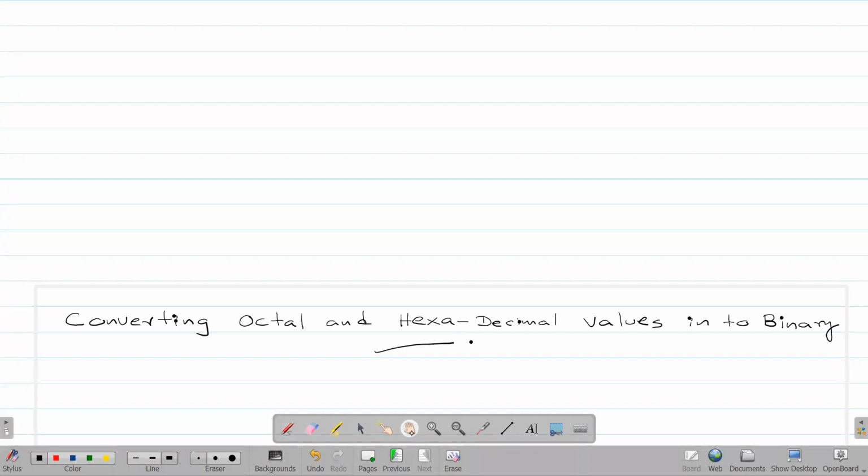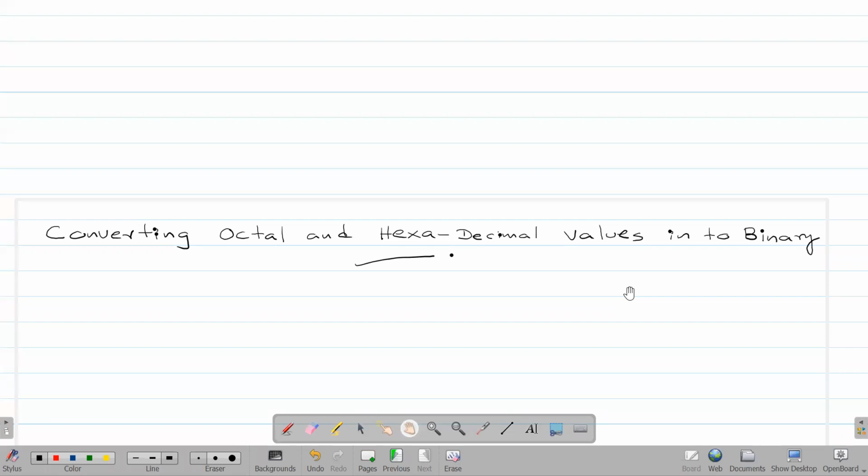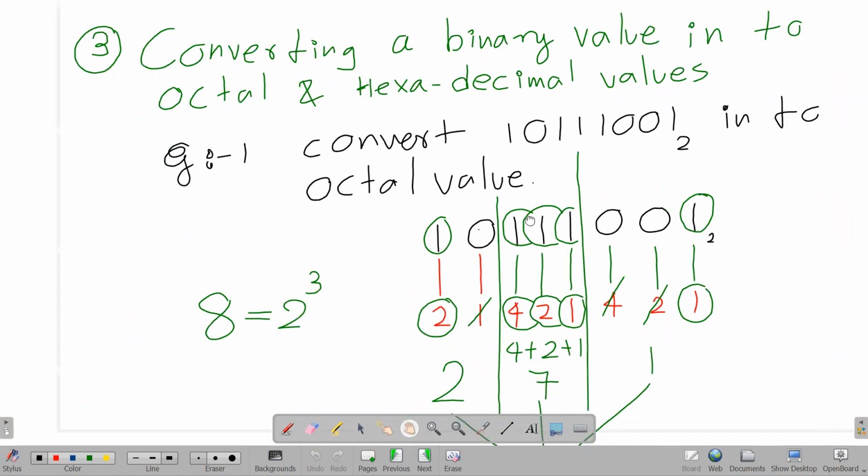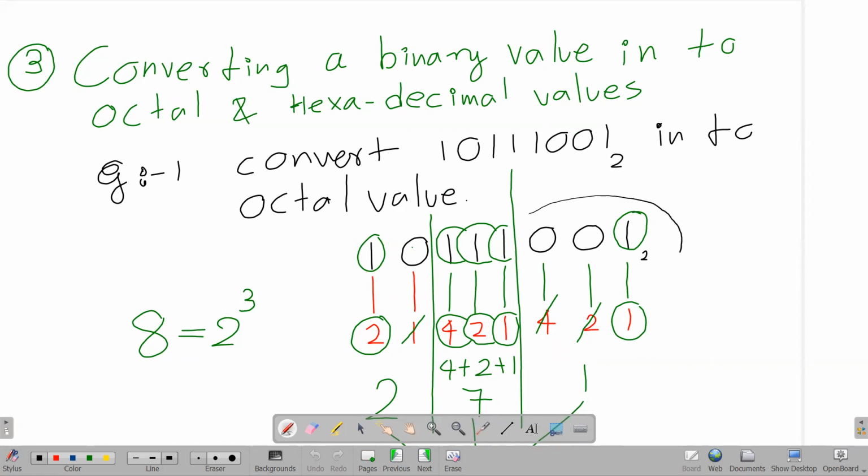Now, this is very easy if you can remember what we have done in the previous conversion, right? In the earlier conversion, the binary value was given and we divided it into 3-bit groups. So we considered one particular group as a small binary value, and we took the decimal equivalent for that small binary group, right? Like we did over here.